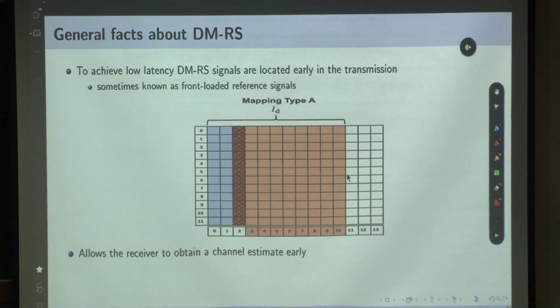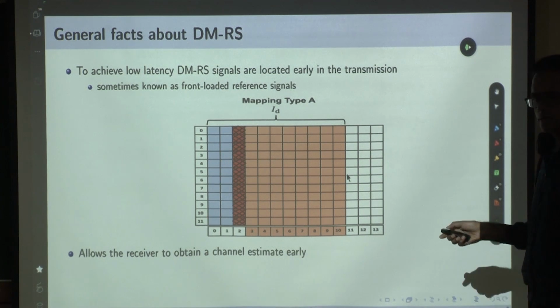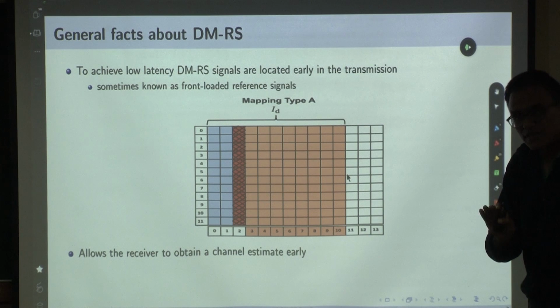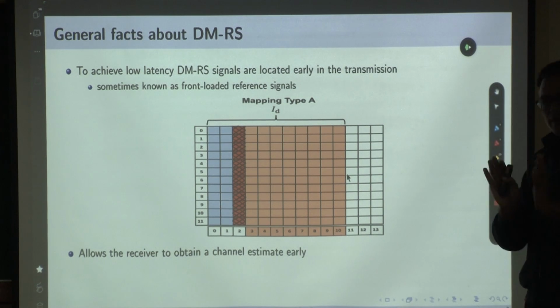Why is it not coming in the first two symbols? Any guesses on that? Because typically the first two symbols are used for PDCCH. This aspect is mentioned later. So this is basically used for PDCCH, and they have their own reference signals. We discussed that. CORESET, remember that?